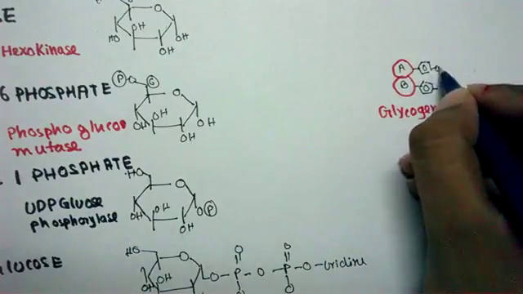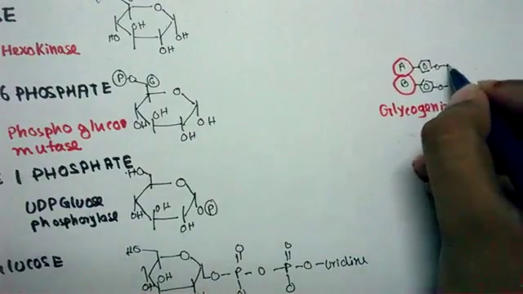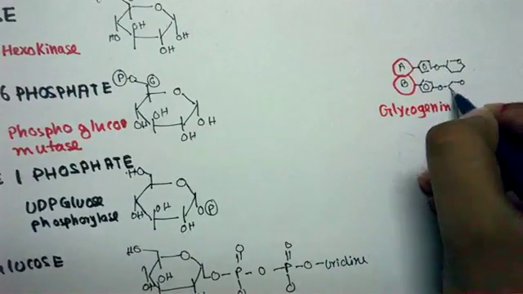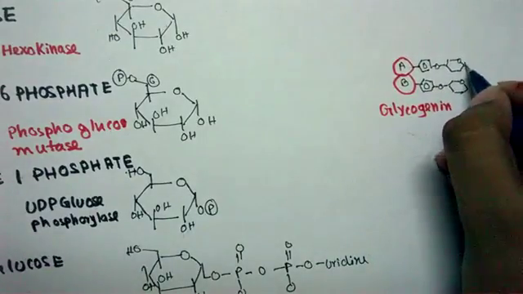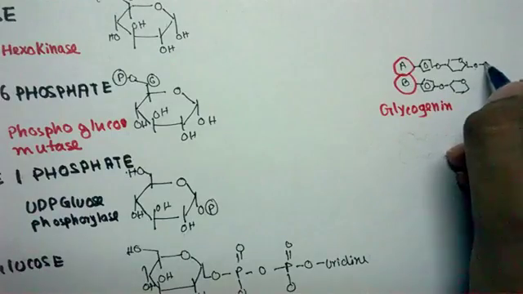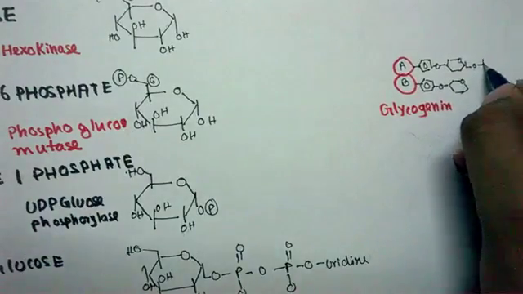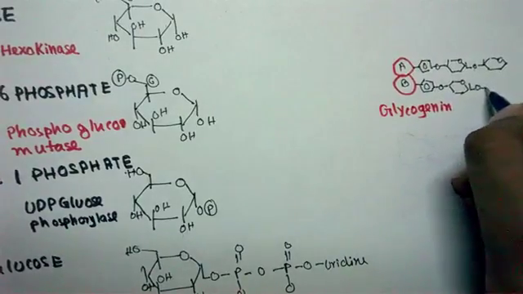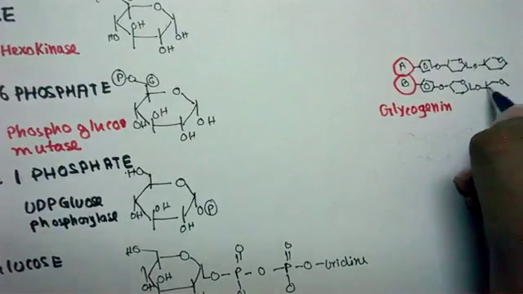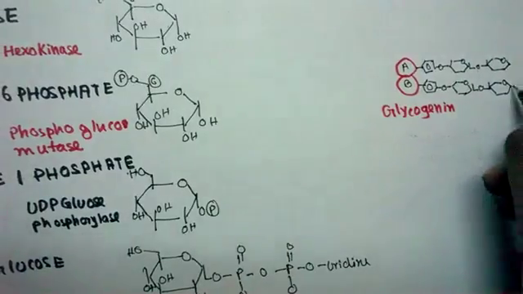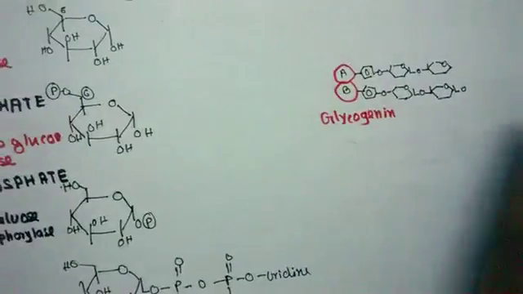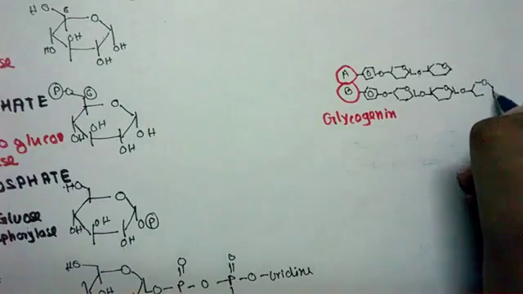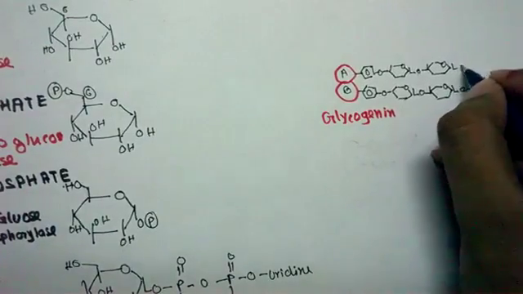With this tyrosine group, some glucose moieties are attached, and with these glucose moieties, further attachment of other glucose moieties takes place. I mean, UDP glucose directly attaches to these moieties and elongates the chain. That is how it occurs. So the chain gets elongated continuously, and this is the basic reaction scheme.